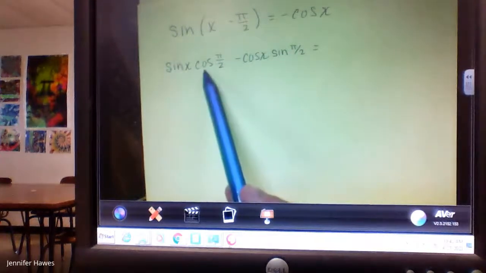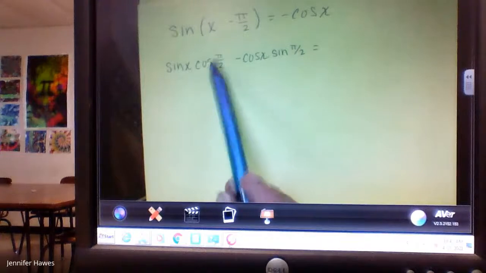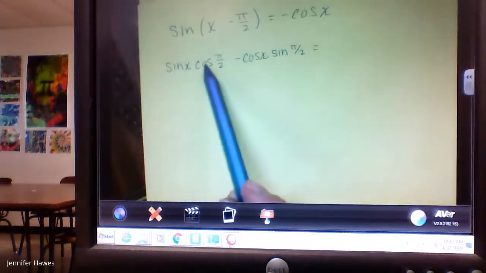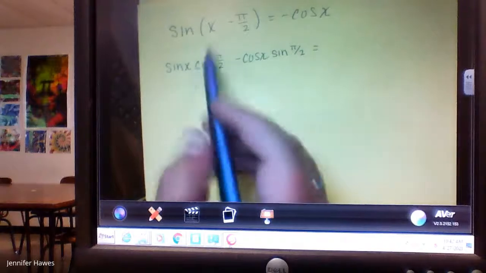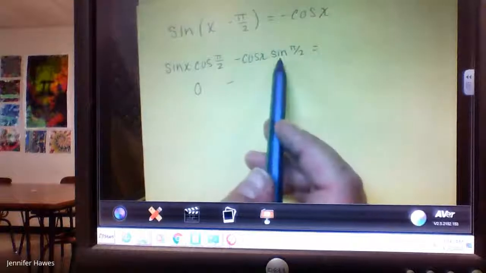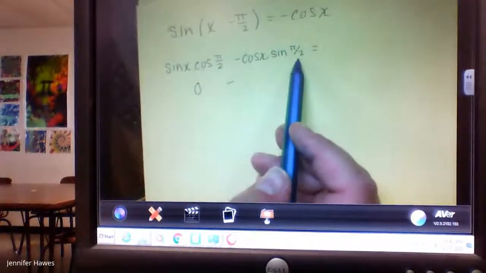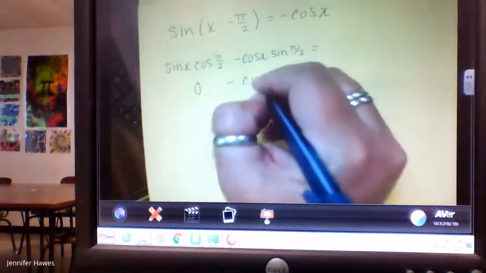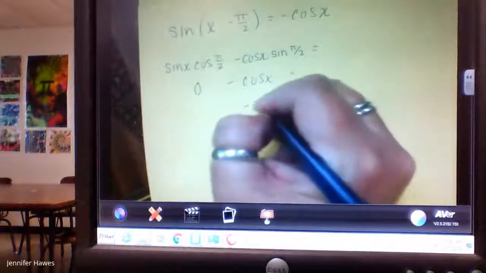Okay, now look at your snowman. What is cosine pi over 2? Cosine pi over 2 is 0, so 0 times this gives you 0. What is sine pi over 2? 1 times this just gives you this.